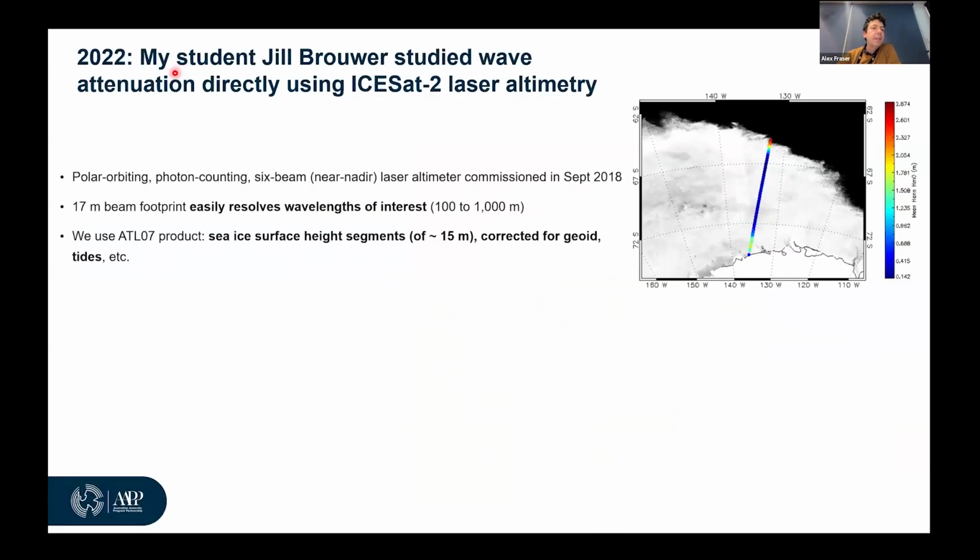As an aside, in 2022, my student Jill, this is work that Alberto referenced yesterday, studied wave attenuation directly in the Antarctic pack ice using ICESat-2. This is a 6-beam laser altimeter, and because of its very fine footprint, it can resolve wave passage through sea ice.